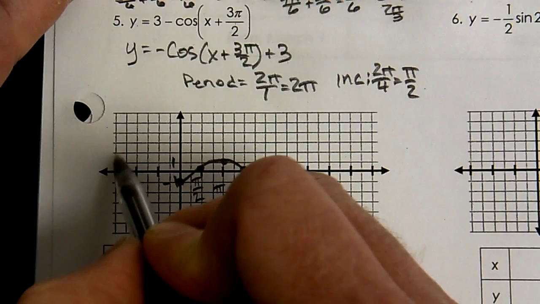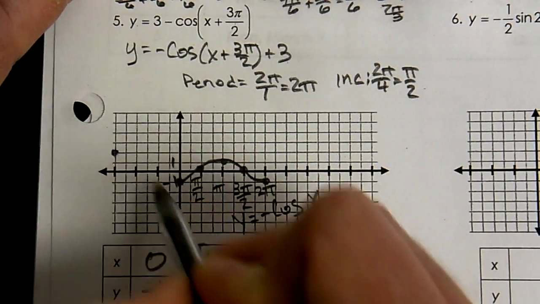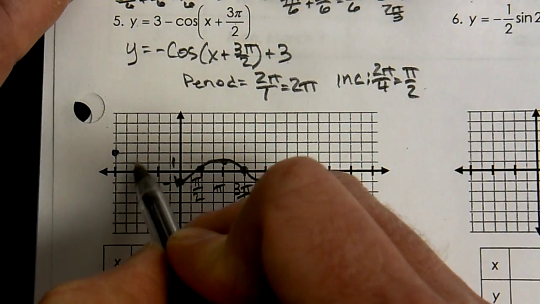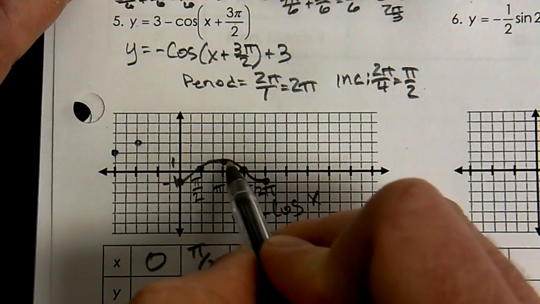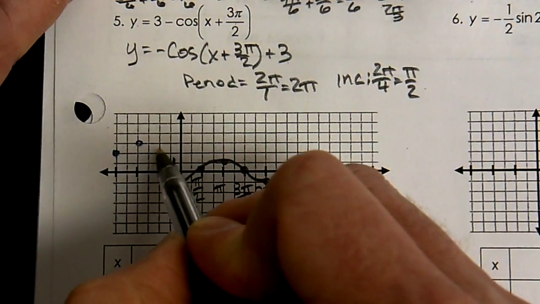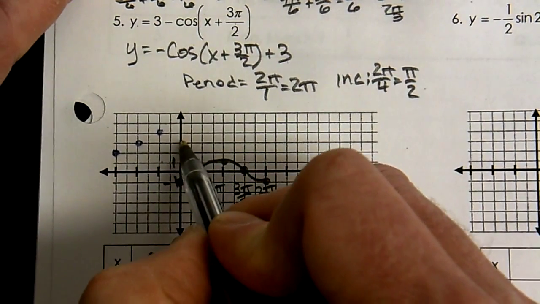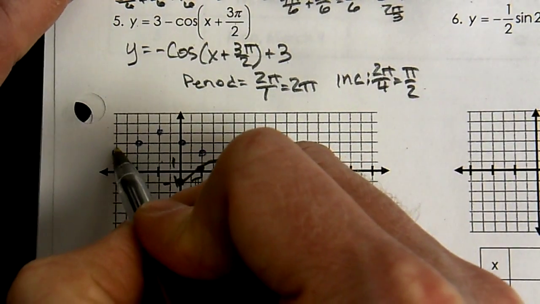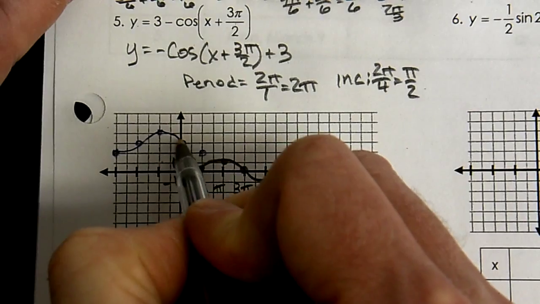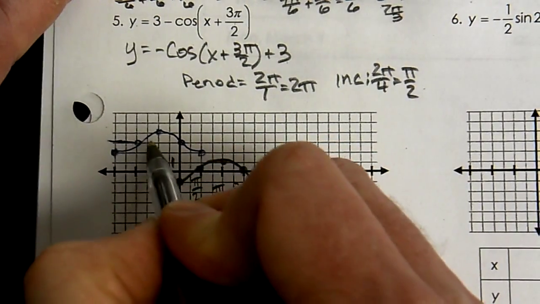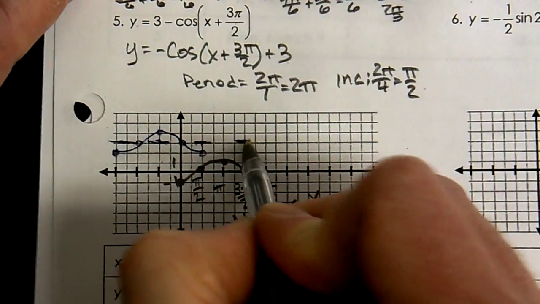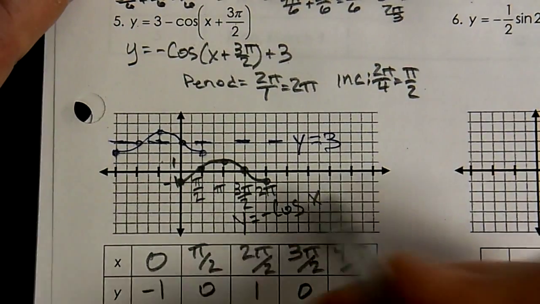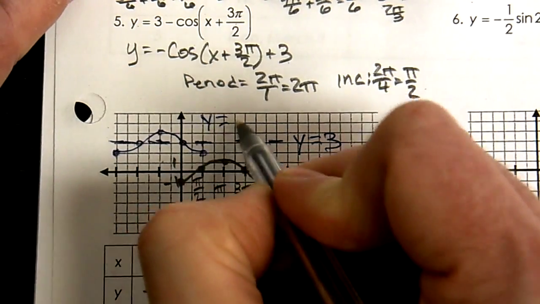And then we're going up 1, 2, 3. So we have our cosine graph with our midline up here at y equals 3. It's always y equals k. And we write our equation.